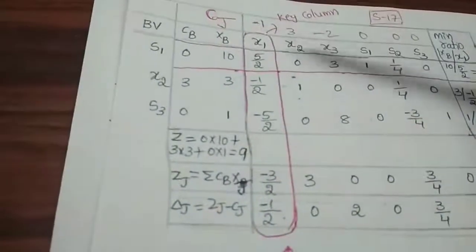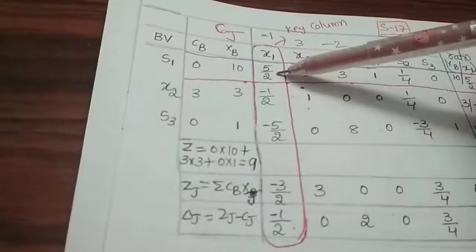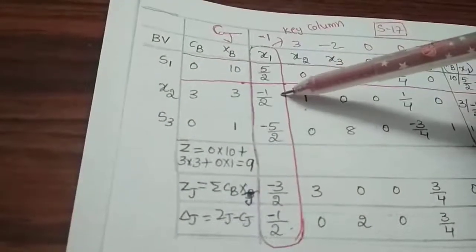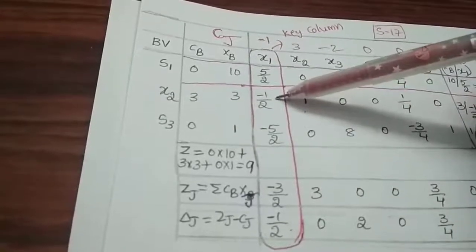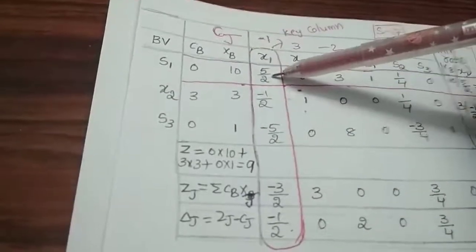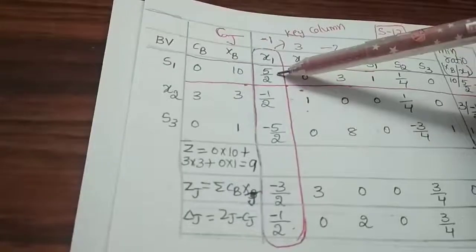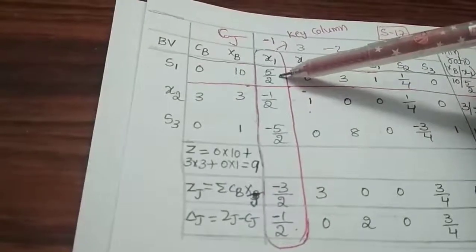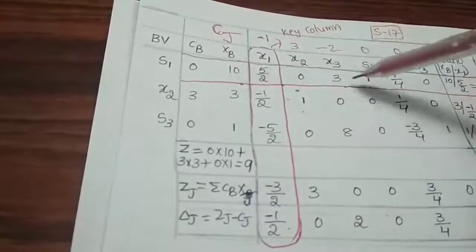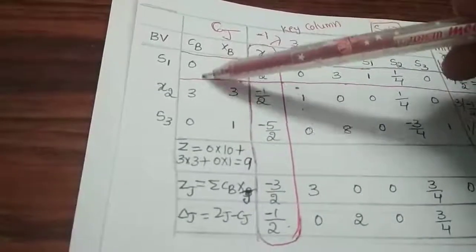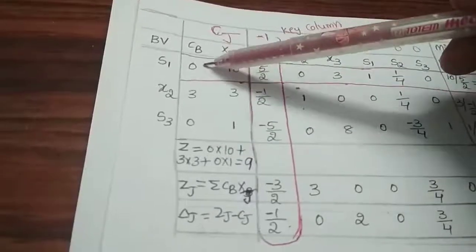What is the procedure? This value we are converting into 1, these two values we are converting into zeros. For these two we are applying the formula, that is new element formula. Here we don't apply any formula, this value is converting into 1, that means we are multiplying with 2 by 5, we got the value easily 1. So we are applying this to the entire row except the CB value. CB column we don't apply.